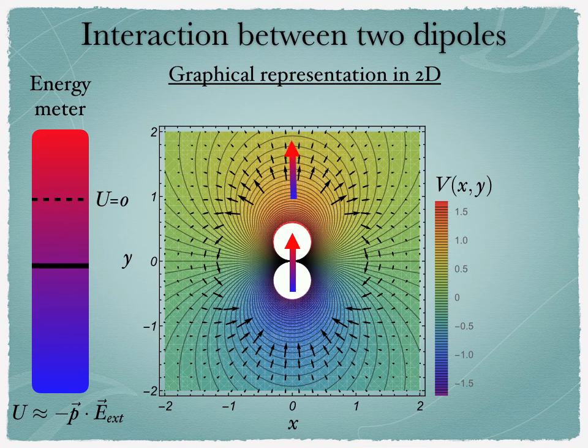And in this case, as you see, you can lower the potential energy by making the dipoles get closer to each other. And therefore, in such a configuration, the interaction between the two dipoles is attractive.